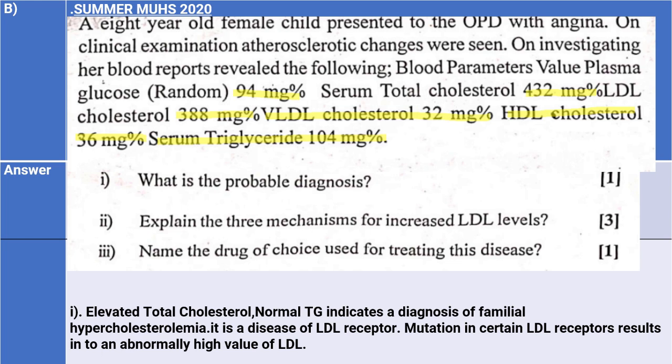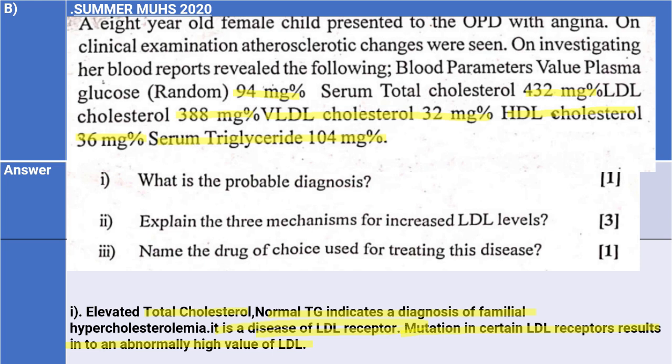As we can see, there is elevated cholesterol level with normal TG, which indicates that the patient is suffering from familial hypercholesterolemia. It is a disease of the LDL receptor where a mutation in certain LDL receptors results in abnormally high values of LDL. Here the LDL value is on the higher side.